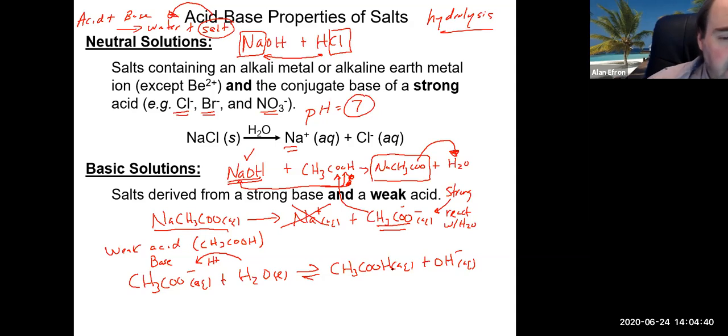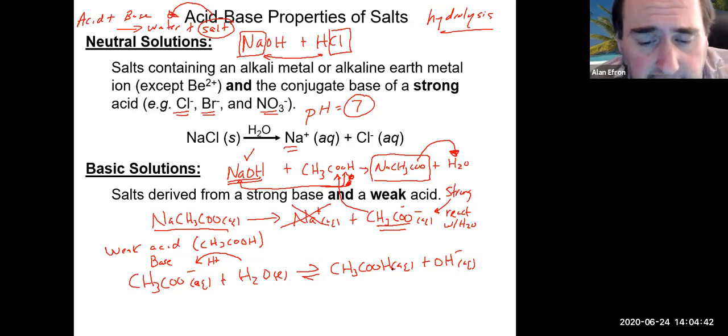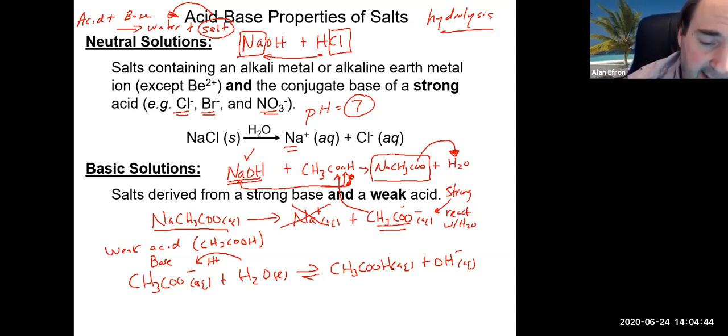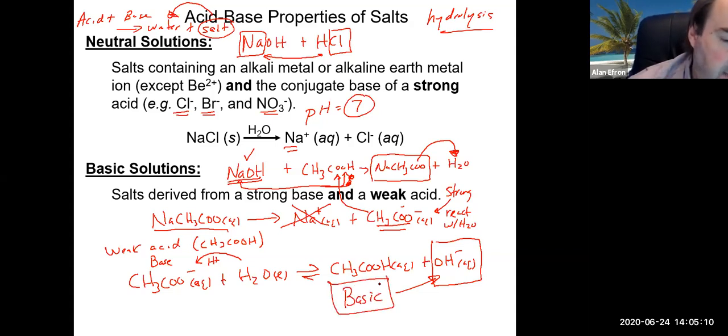But more importantly, in terms of the pH here, we are producing, as we can see on the product side, OH minus, which means if we wanted to make an educated guess on whether this solution is acidic, basic, or neutral, because we are producing OH minus, we know right off the bat without even doing a calculation that this solution should be basic.